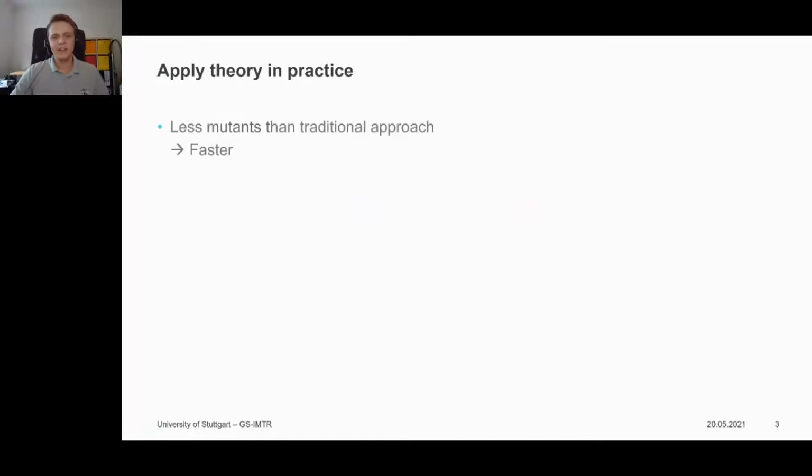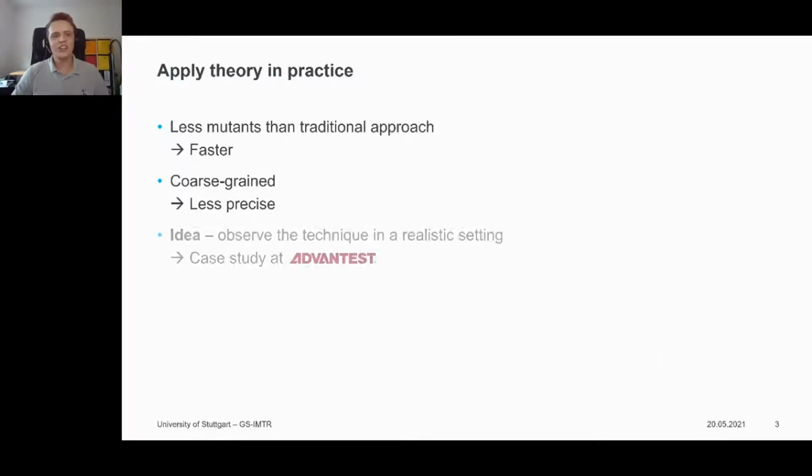Because there are far less methods in the code than instructions, there are by default less mutants, and thus it's faster. On the other hand, it's of course a little bit more coarse-grained because you may miss some of the important mutants that may be relevant for the developers in the traditional approach if you are on an instruction level. And we found this technique very interesting and wanted to observe it in a realistic setting.